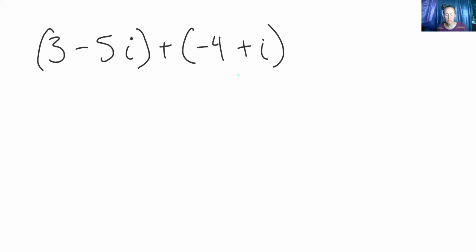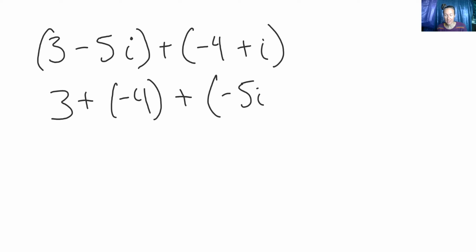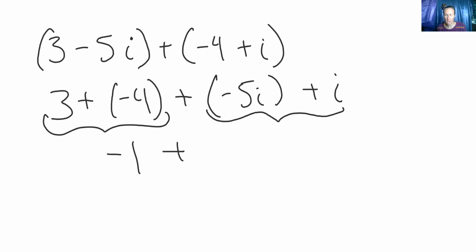And when we add complex numbers, we just add the real part. We're going to add the 3 and the -4, and then you add the imaginary part. We're going to add the -5i and the i, okay? So when we add our real parts, we get a -1, and when we add our imaginary parts, we get -4i.